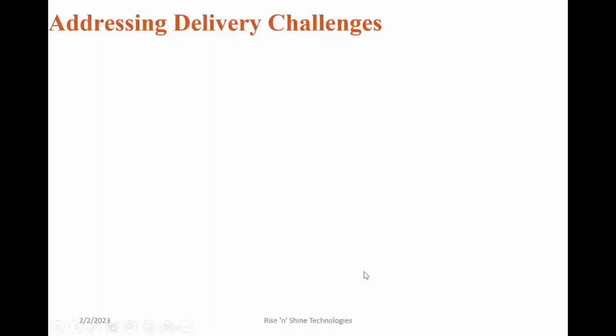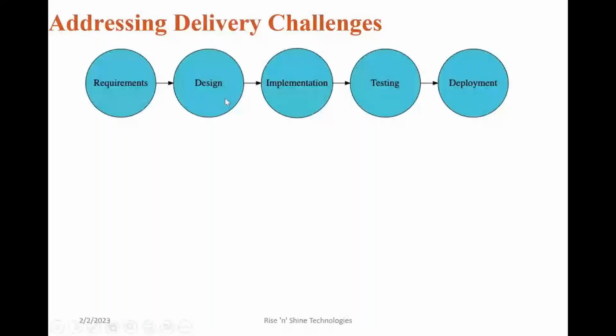Finally, if you observe the delivery challenges we have, they are addressed across the requirements, the design, the implementation, the testing, and finally releasing to production. These are all important phases. But which teams are working?